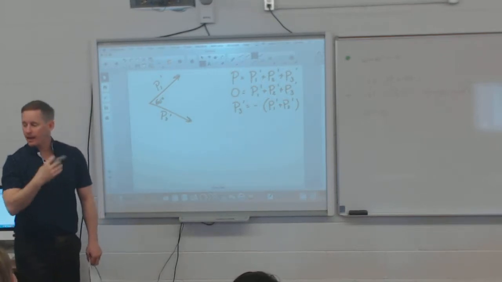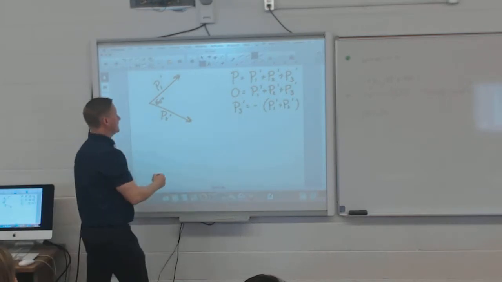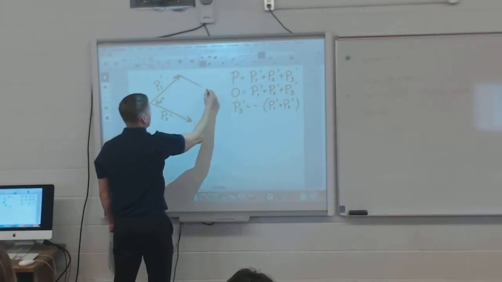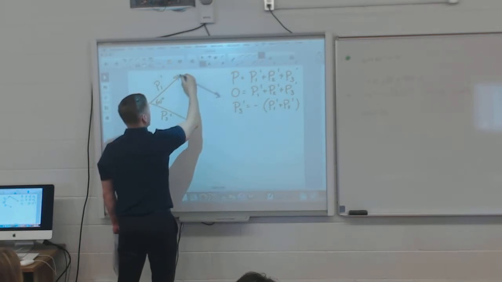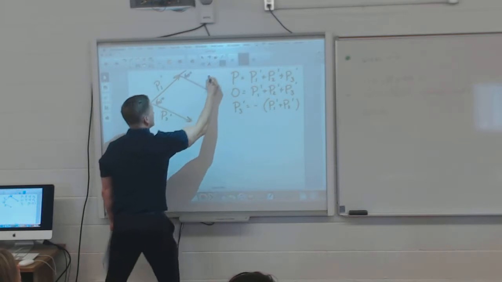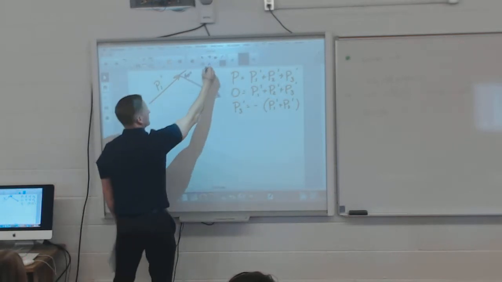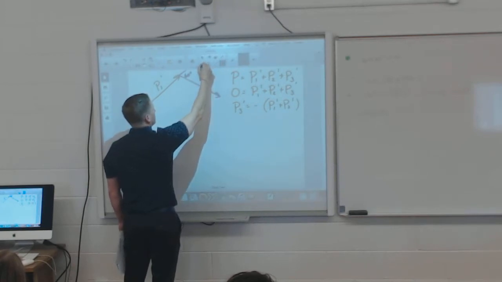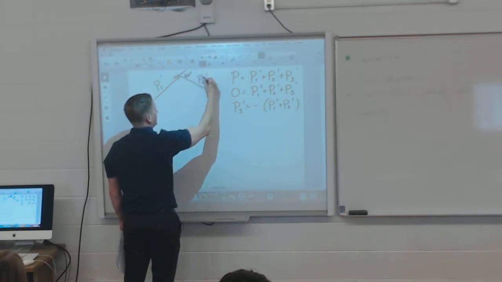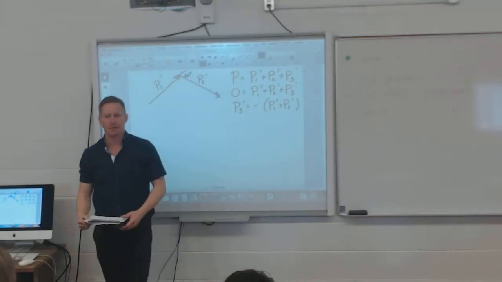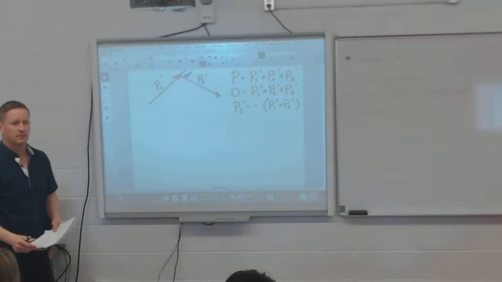Yeah, I need to move it and put it to the tip of this next one. So I'm going to move this over to here. That's there. This goes up. That's 60 degrees right here. Just going to erase all of this. Okay, so this is P2 prime here. So I have now added P1 prime and P2 prime together. All right.